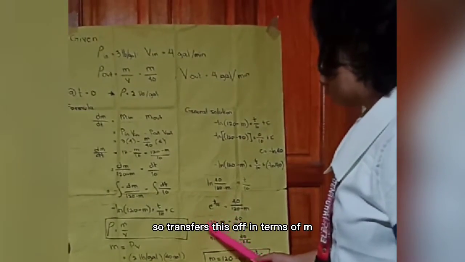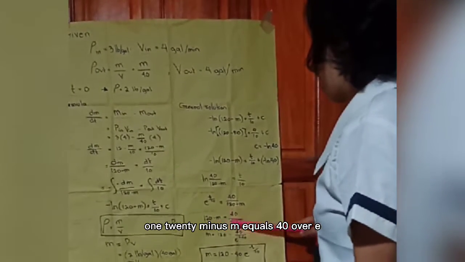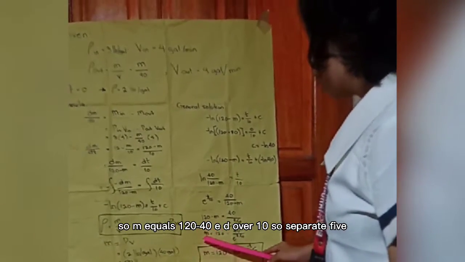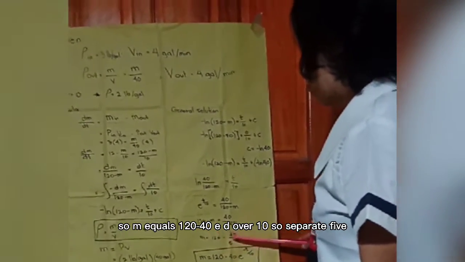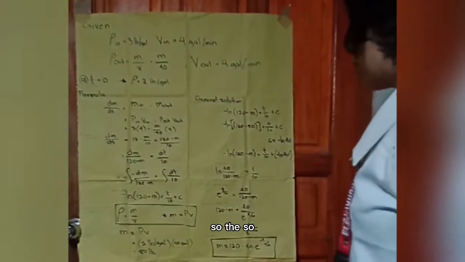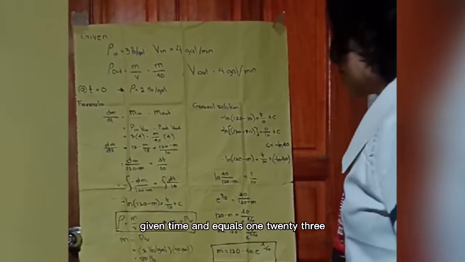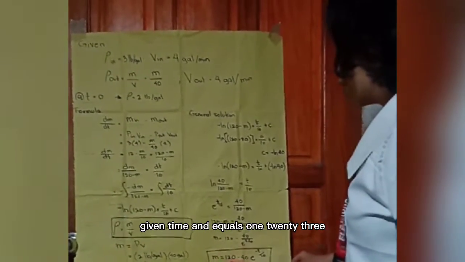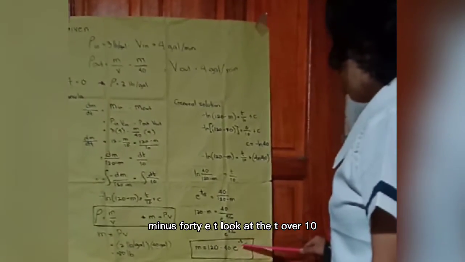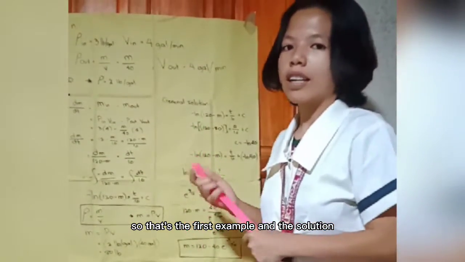Transposing in terms of m, 120 minus m equals 40 over e to the t over 10. So m equals 120 minus 40 e to the negative t over 10. This is the mass of the salt in the tank at any given time. That's the first example and the solution.